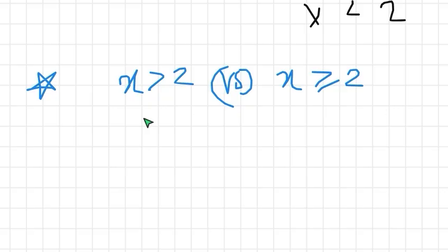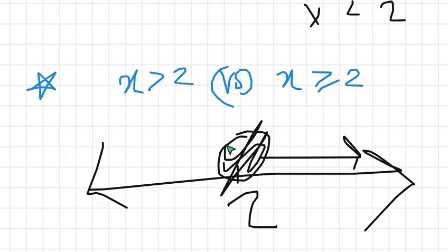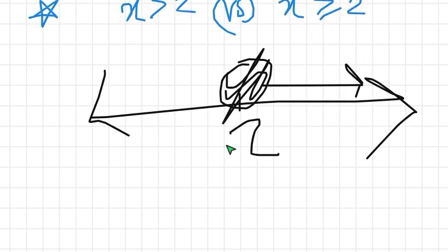A hollow circle means x greater than 2. A dark circle means x greater than or equal to 2, so we have to include 2. That is the difference between hollow circle and dark circle.